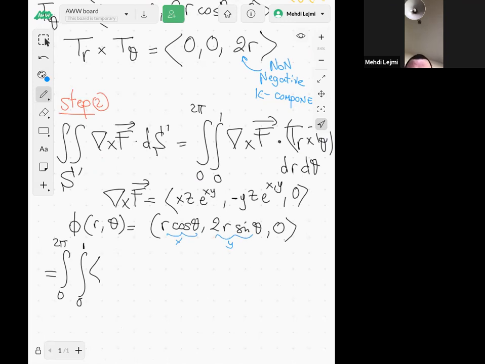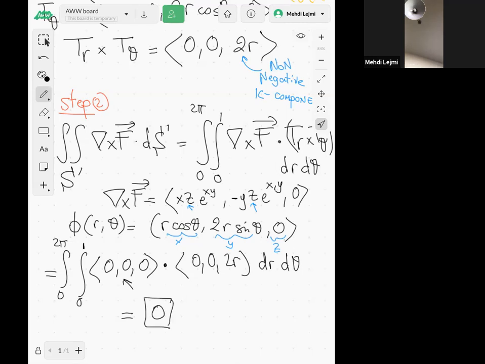So the curl of F would be just 0, 0, 0, because z is 0 on S prime. The scalar product with T_r cross T_theta, which is 0, 0, 2r, dr d theta, is just 0, because the vector is 0. So the answer here is 0.